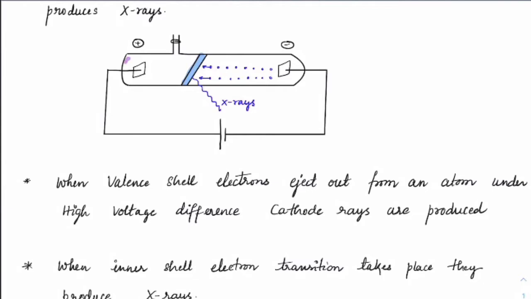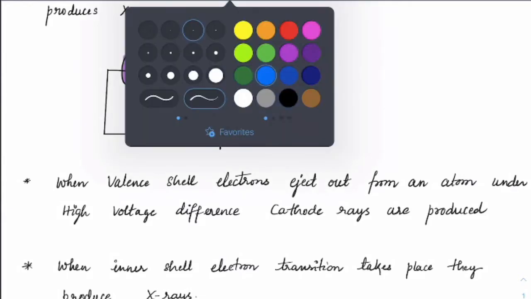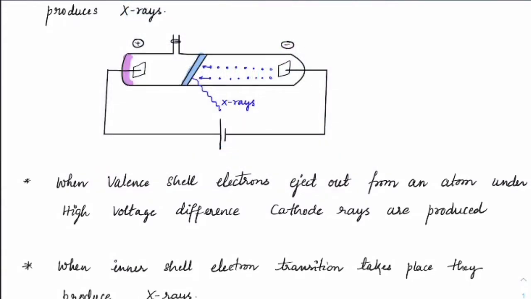In fact, we will keep a zinc sulfide screen here just to observe those cathode rays. Now, this is how much we know. What we don't know is that if we put a metal in between the path of the cathode rays, we would be able to generate X-rays.